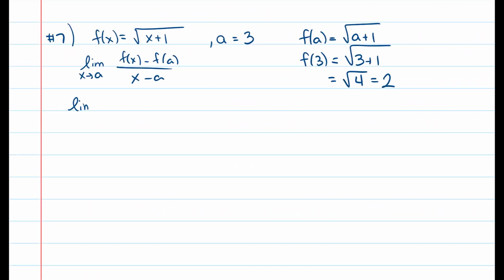So we get this is the limit as x approaches 3 of the square root of x plus 1 minus 2 over x minus 3. So again, we have to multiply by the conjugate.